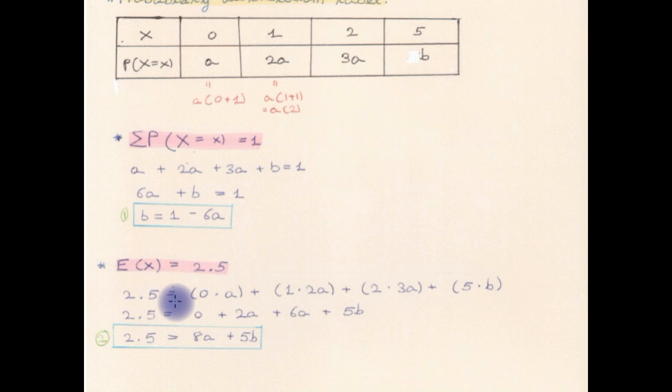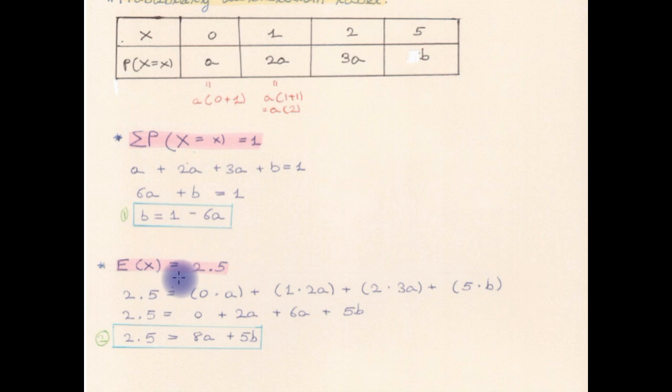Now, we're told by the statement that the expected value is 2.5. As we covered in the theory, the expected value is equal to the sum of each of the possible values of x times their individual probabilities.